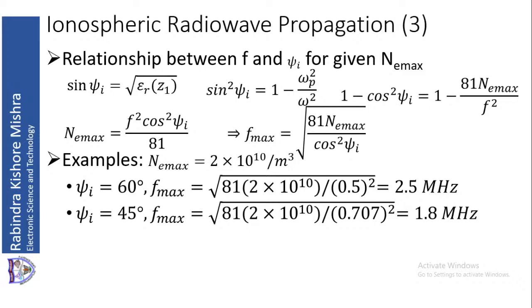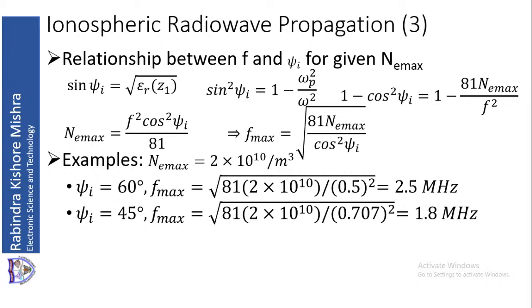Similarly, instead of keeping N_emax as what we have taken, fix psi I at 60 degrees or 45 degrees and change N_emax, and find out what f max will be. You can again see the relationship that we just discussed: for constant psi I, you will require higher Ne for higher frequencies.